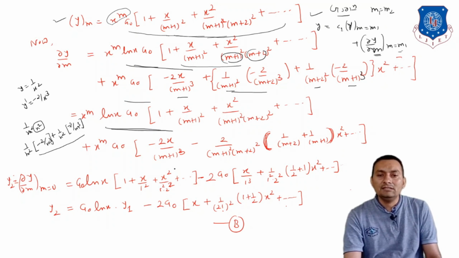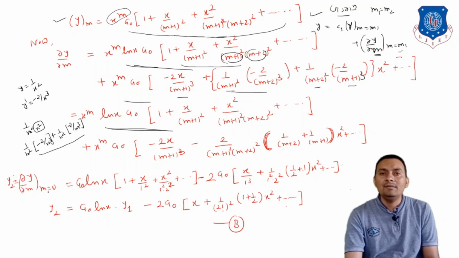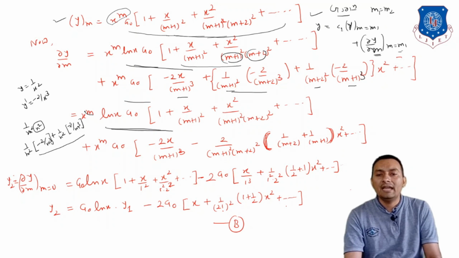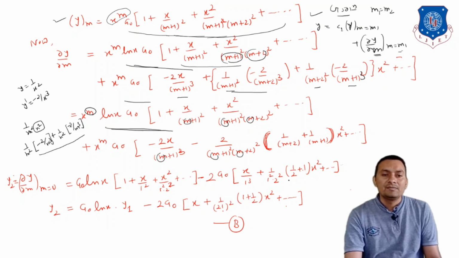So this is our y2, del y by del m at m equal to 0, that means we are taking m equal to 0, and after simplifying we will get the required answer that you can see. This is our a0 ln x, a0 is there, 1 plus x divided by 1 square plus x square divided by 1 square 2 square plus and so on.